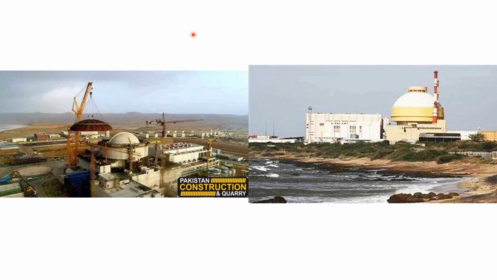Just as a reference, right now it is capable of producing 137 megawatts of power, so it is a very low power production, but this extension is expected to be completed by 2022, and it is being done by a Chinese firm. After this extension, this power plant will be capable of producing around 2200 megawatts of power.